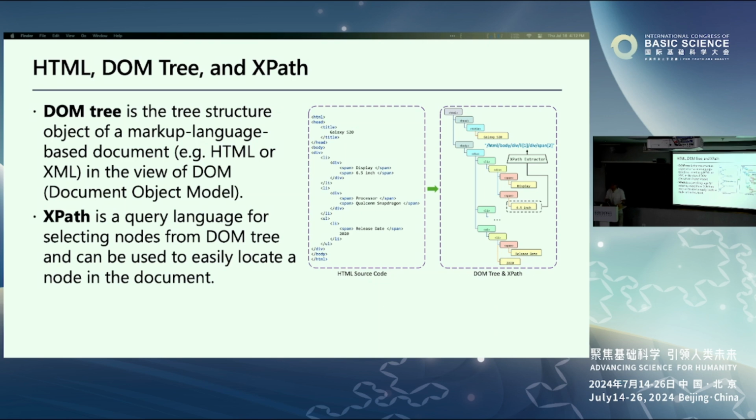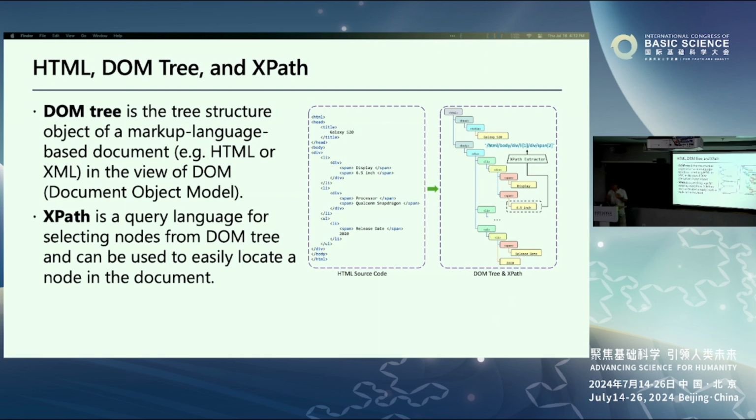It's a query language. So we can see that the XPath is very similar to the coordinates of words in a document image, which can represent a single node or word.